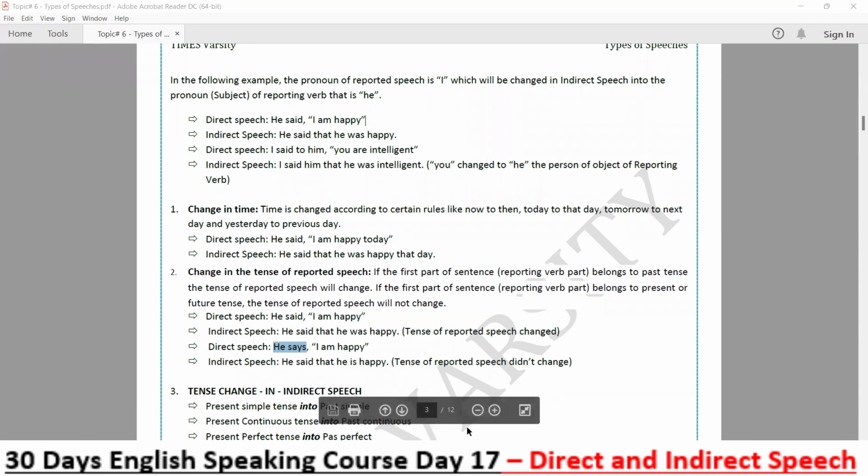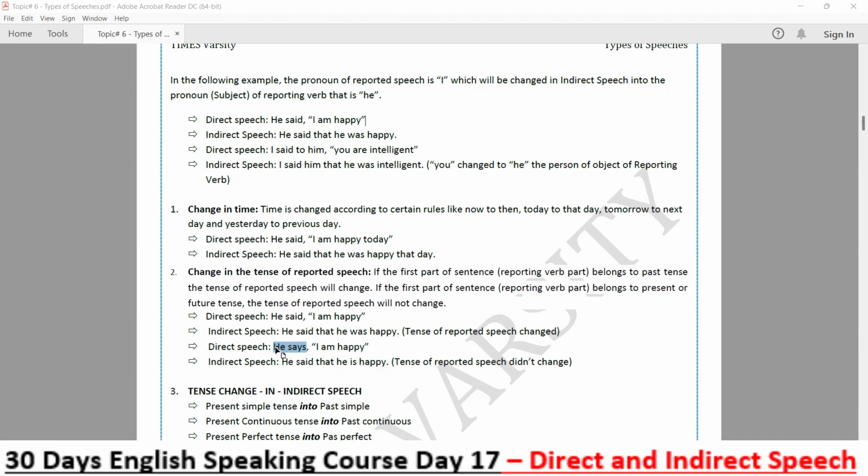Present simple. He says, first form of the verb, and s is added because he is a third person singular. So it is present indefinite or simple. So he says, "I am happy."